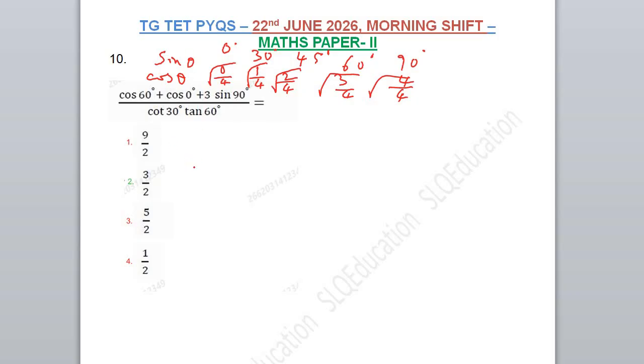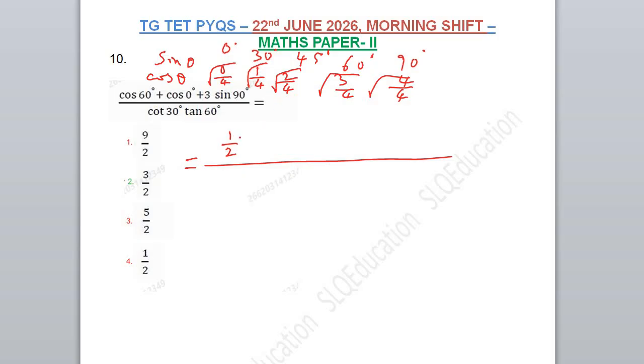Okay, so let us find out the values. Here this is given, cos 60. If you take the reverse value of this, we get the value for this one. So cos 60 is nothing but 1 by 2.